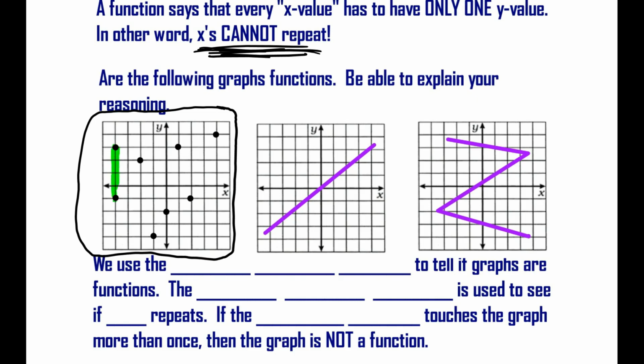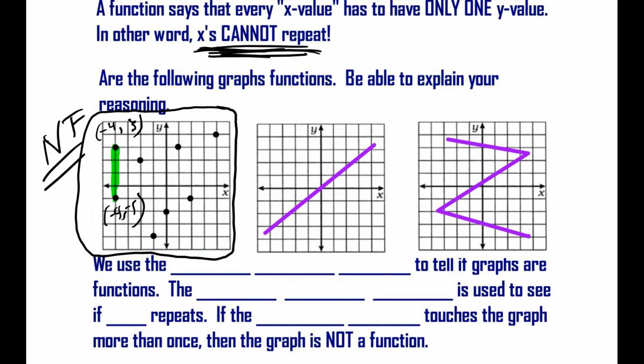The x values that repeat here are negative 4, 1, 2, 3, and this has negative 4, negative 1. We found a cheater. You can't be a function, because the x values repeat. Not a function.